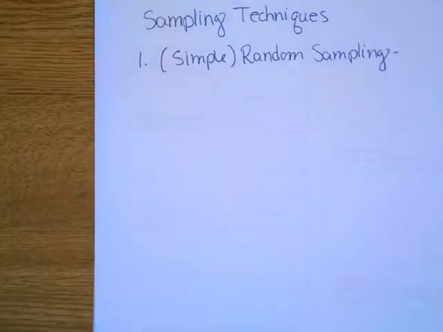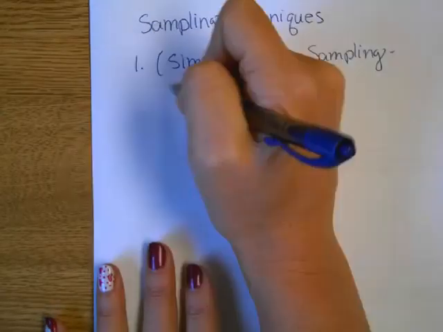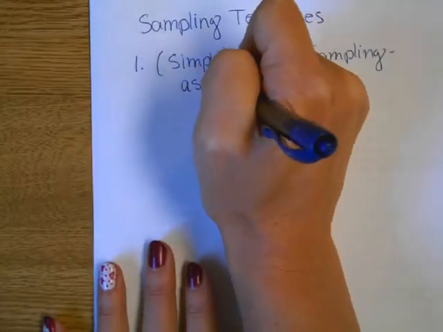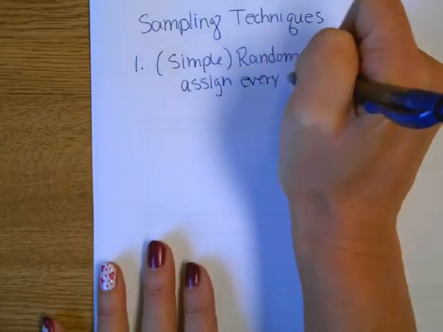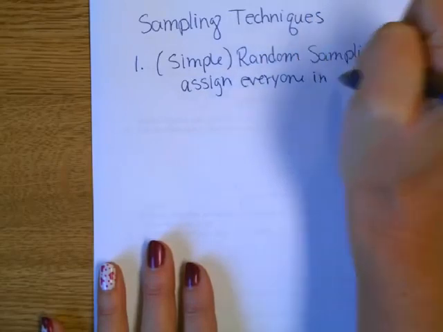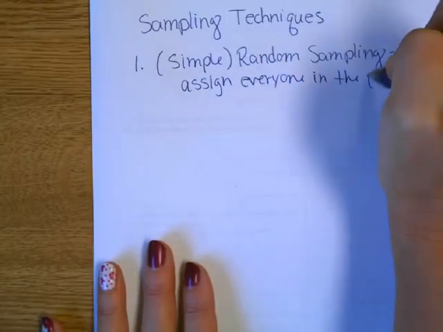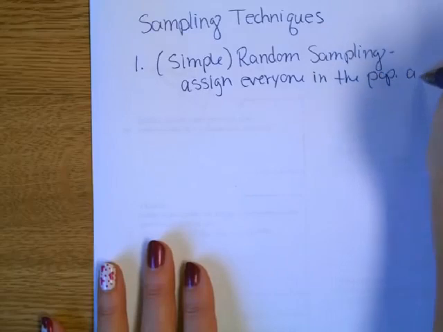The main way you do this is you assign everyone in the population a number.